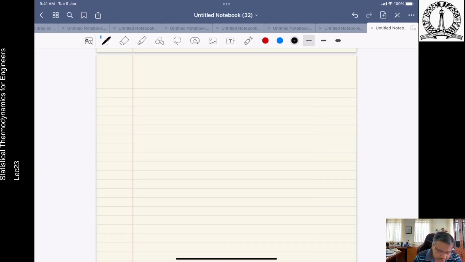Okay, so what we do now, if you go through the motion, is that the electronic mode, which is a function of r, theta, phi, again can be split into two parts, R(r) and Y(theta, phi).